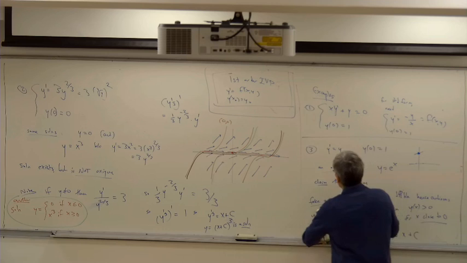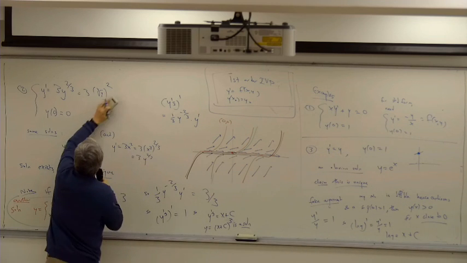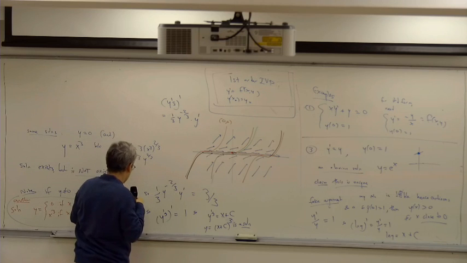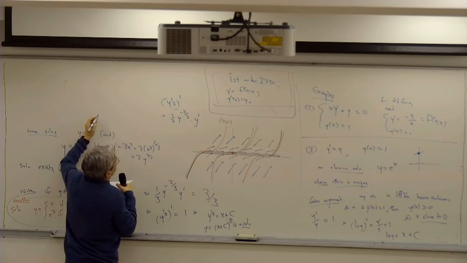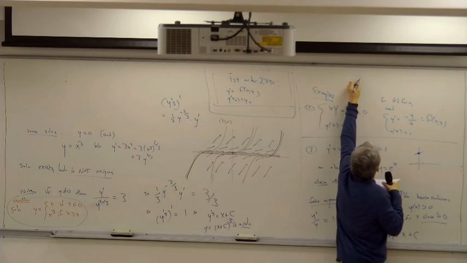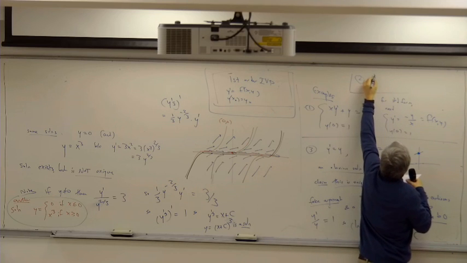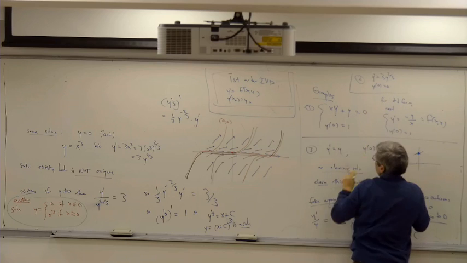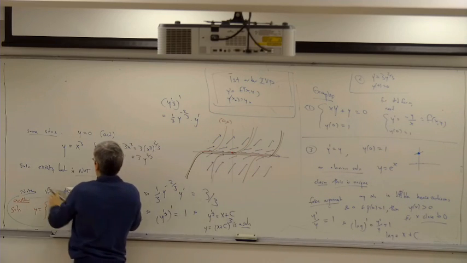And basically you get that the solutions, oh, I didn't mean to erase that. Let me keep it up there as example 2: y prime equals 3y to the 2/3, y of 0 equals 0. And now I have access to the whole board.